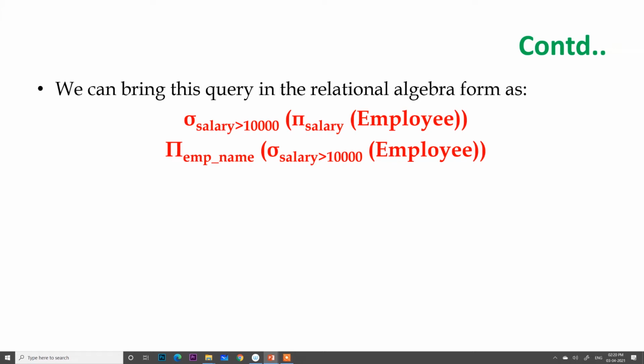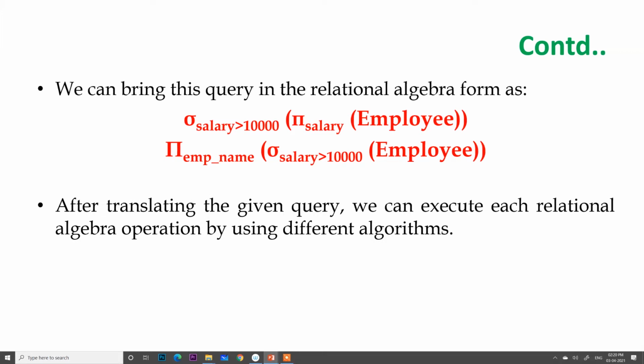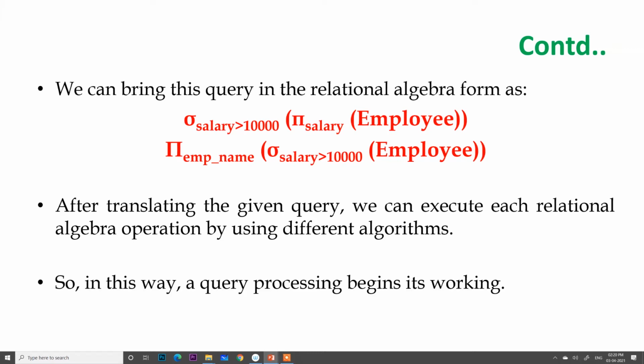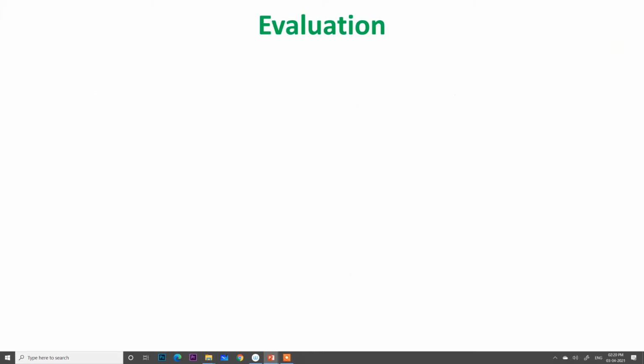Whereas in the second case, first we select the salary which is greater than 10,000 from the employees, and then we project only those salaries which satisfy the condition. After translating the given query, we are going to execute these relational algebra operations by using different algorithms. This is how query processing begins working.